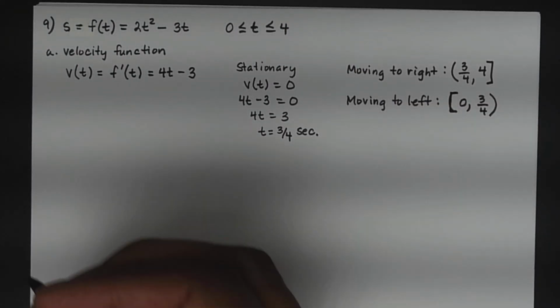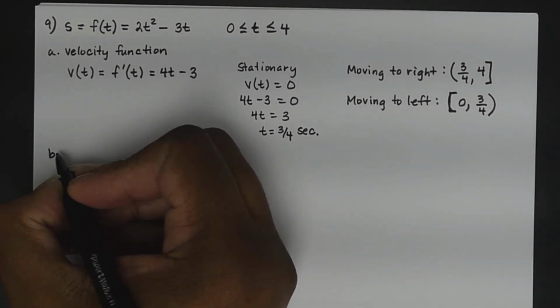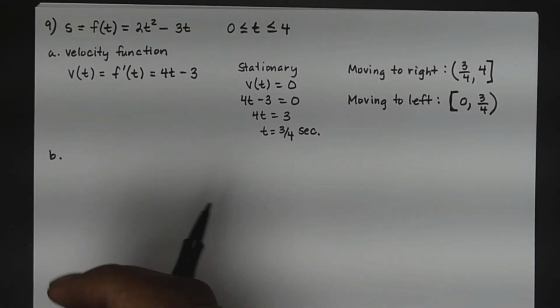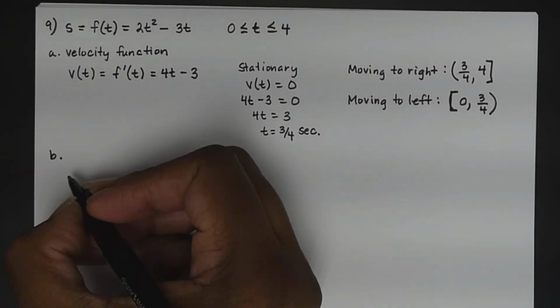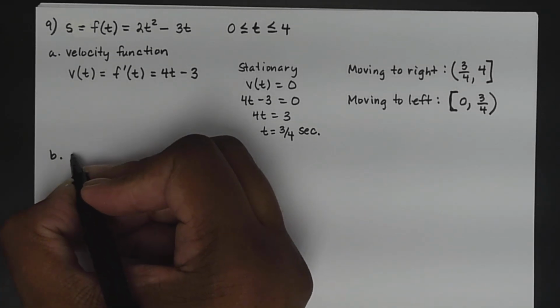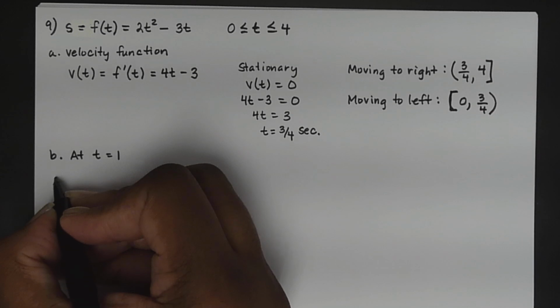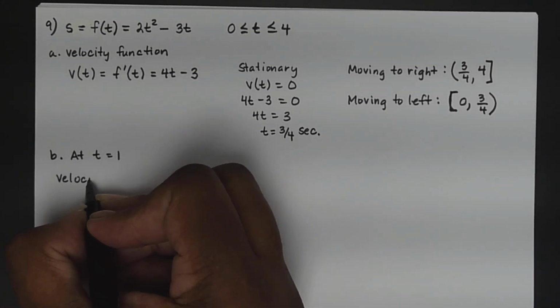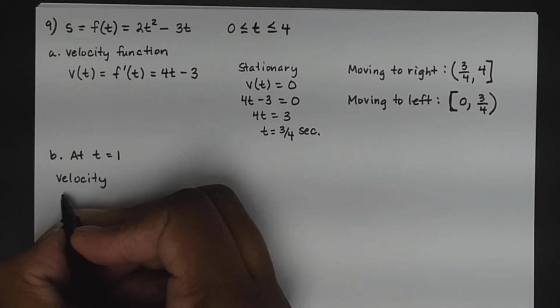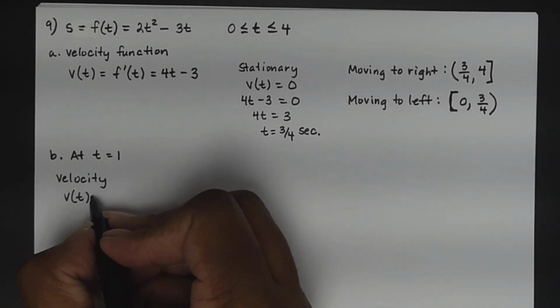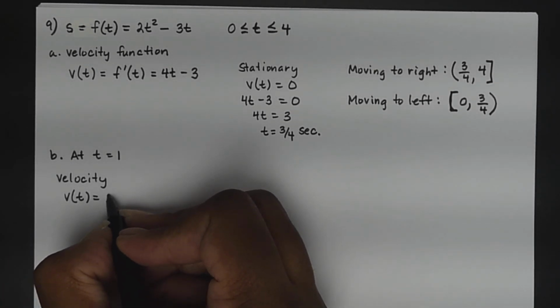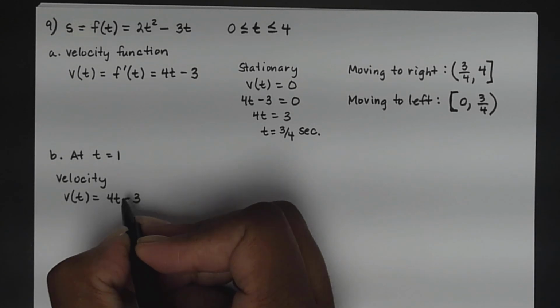That's part A. Part B, they want the velocity and acceleration of the object when t is equal to 1. So here at t equaling 1, let's first find the velocity. Well, our velocity function was 4t minus 3.